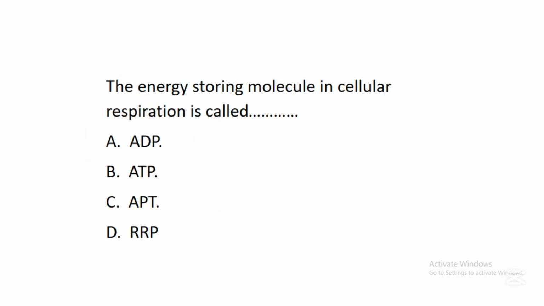The next question says, the energy storing molecule in cellular respiration is called dash. A. ADP, B. ATP, C. APT, D. RRP. In this question, the correct answer is B, ATP. ATP means adenosine triphosphate. This adenosine triphosphate is the energy storing molecule in tissue or cellular respiration.